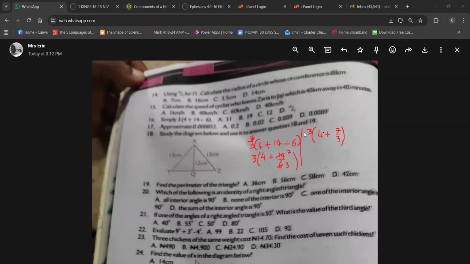People don't know how to change an improper fraction to a mixed number. Okay, we know, but we did not hear you. That is 2 whole number 1 over 3.